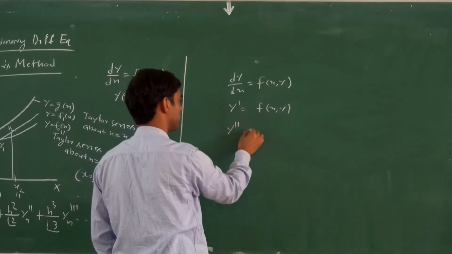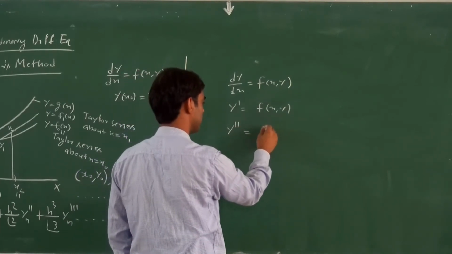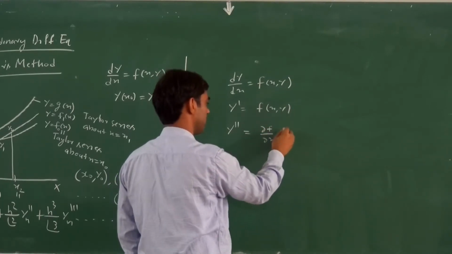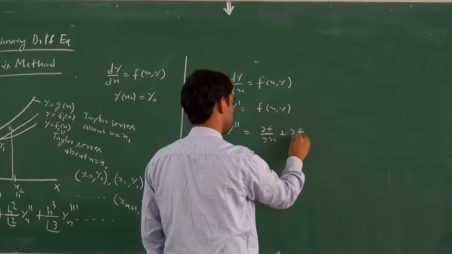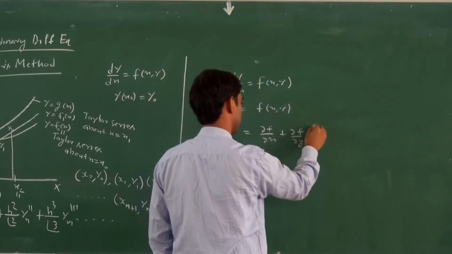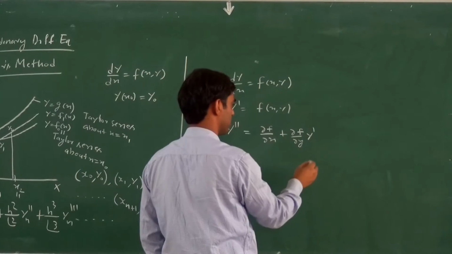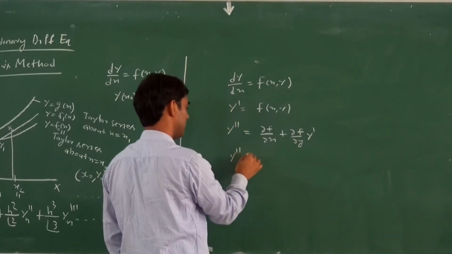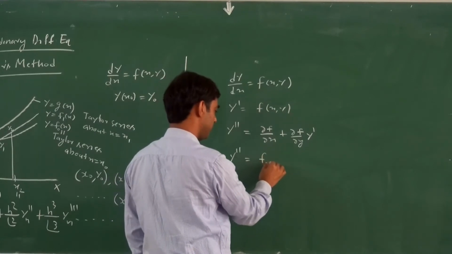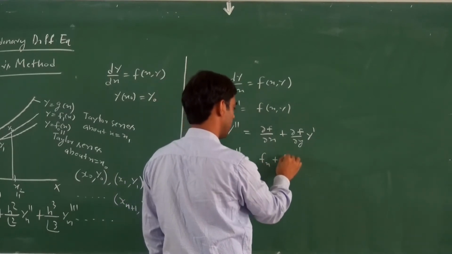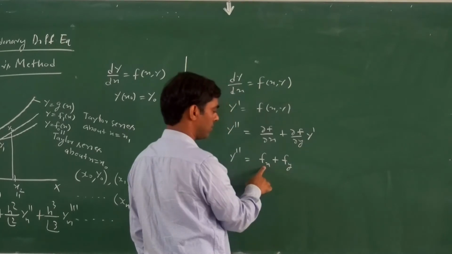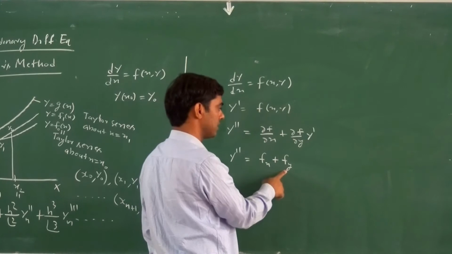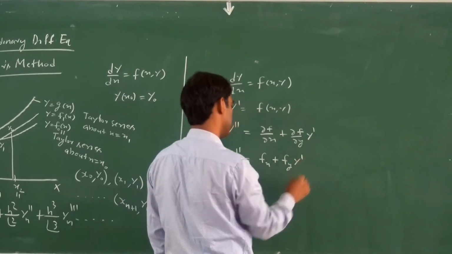In terms of partial derivatives, this becomes del f upon del x plus del f upon del y times y dash. You can also write this in notational form: y double dash equals fx plus fy y dash, where fx is the partial derivative with respect to x and fy is the partial derivative with respect to y.